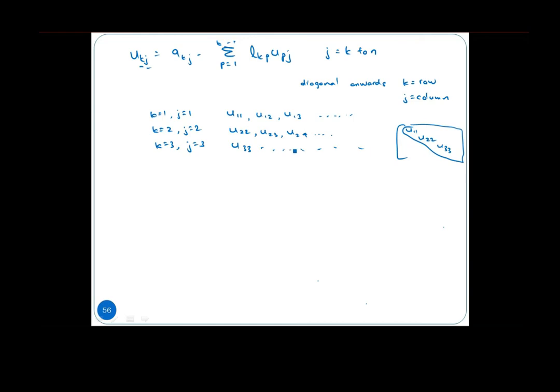Let's say for example I want to find K equals 1, J equals 1.